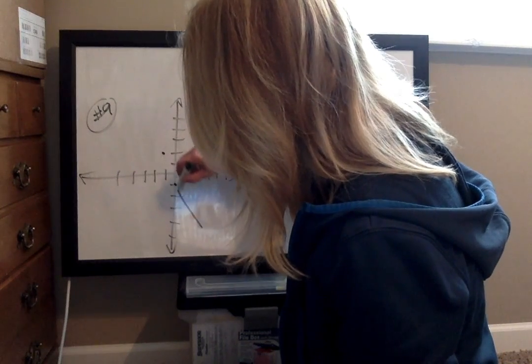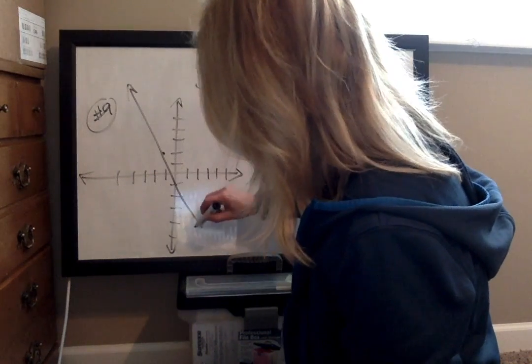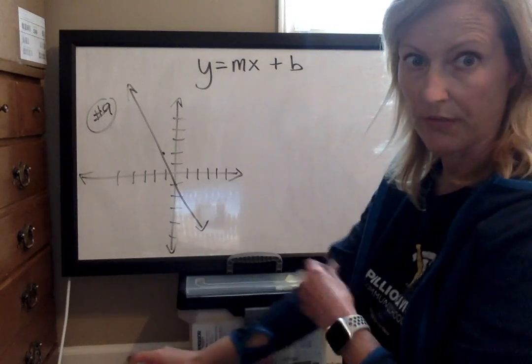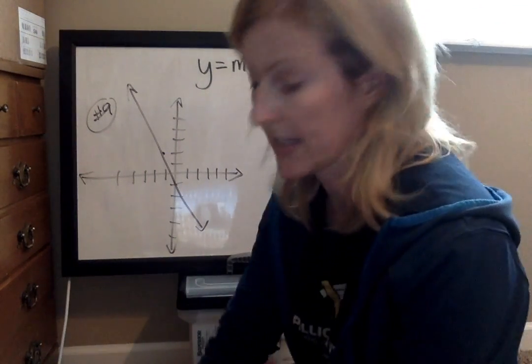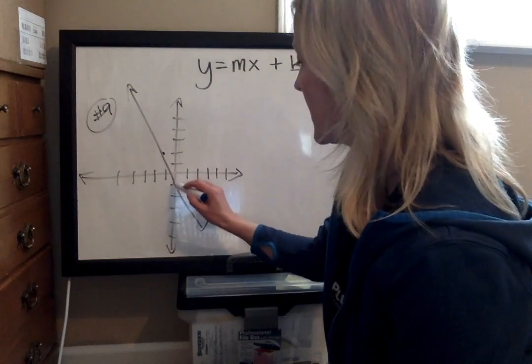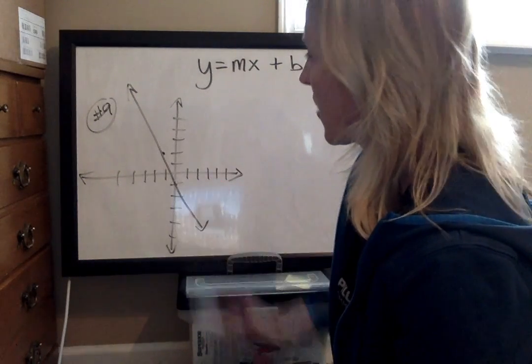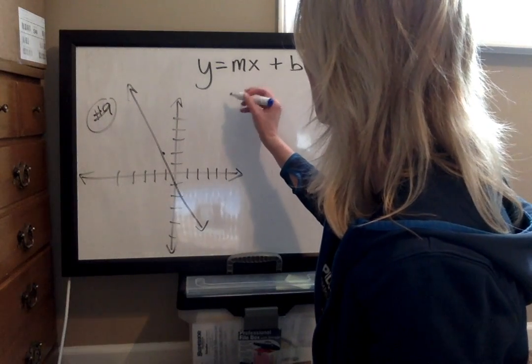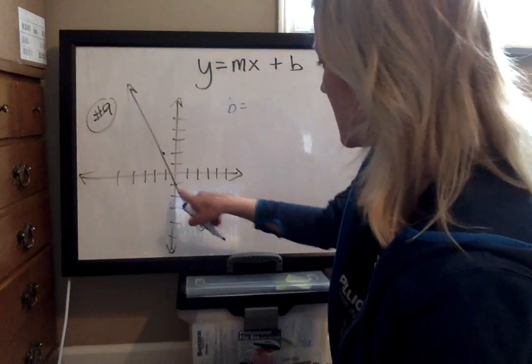So I'm going to just draw a line like this. You have to write this in slope intercept form. The first thing that is easy to identify is your y-intercept, because it's wherever that line is going through the y-axis. In this case, my y-intercept is going to be -1.